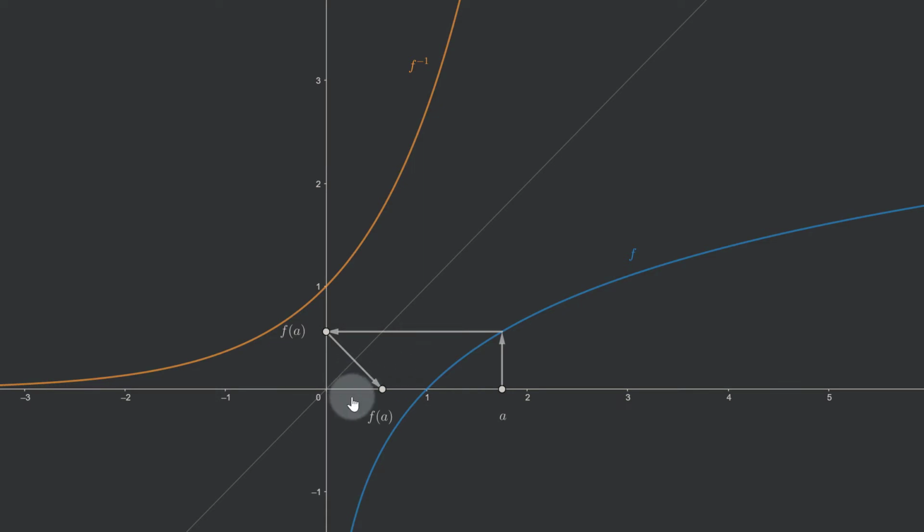Now we are ready to apply the inverse function f to the power of -1 to this value f of A. As you can see, this gives us the value f to the power of -1 of f of A. And because f and f to the power of -1 are inverse functions of each other, this is nothing else than the point A, and you can see the distance here and the distance of the point A are the same. And this relationship stays valid if we change the position of A.